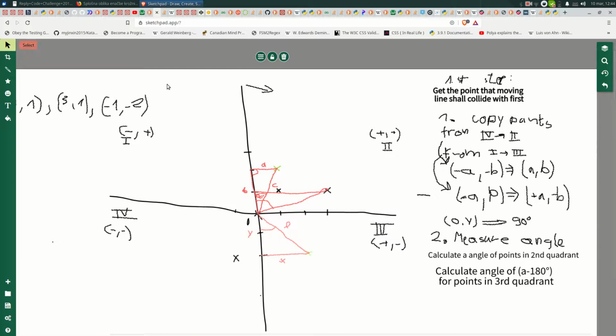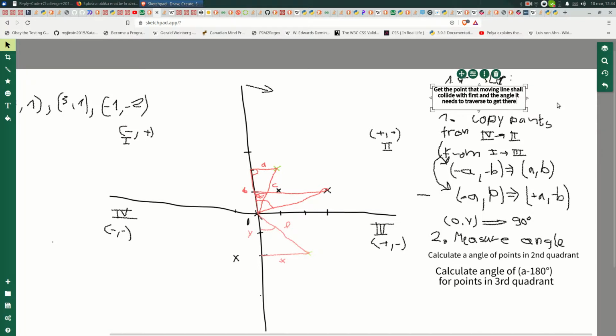And here it should say it shall collide with first, and the angle it needs to traverse to get there. Alright, so now we got the point and the angle.